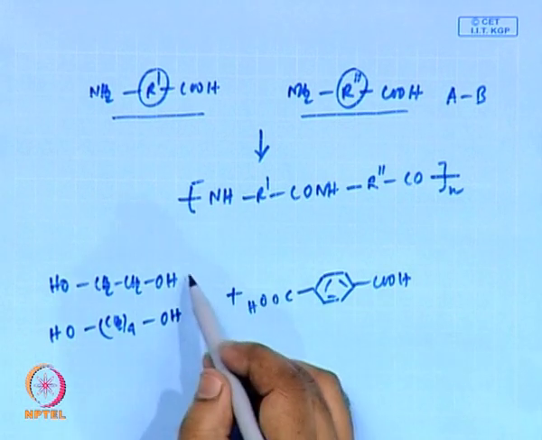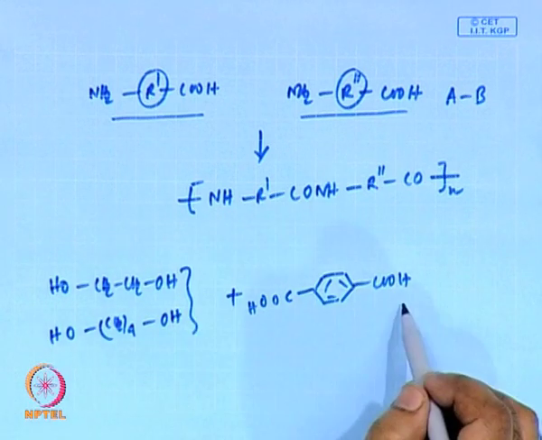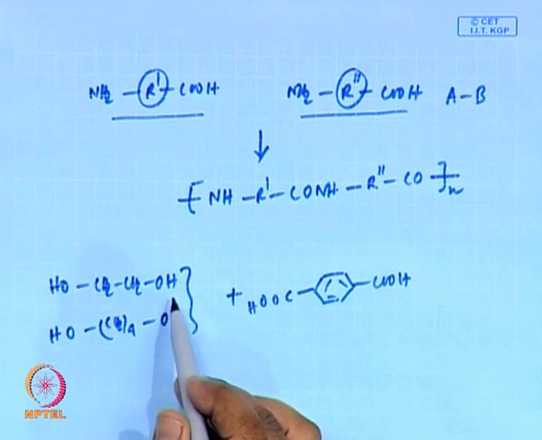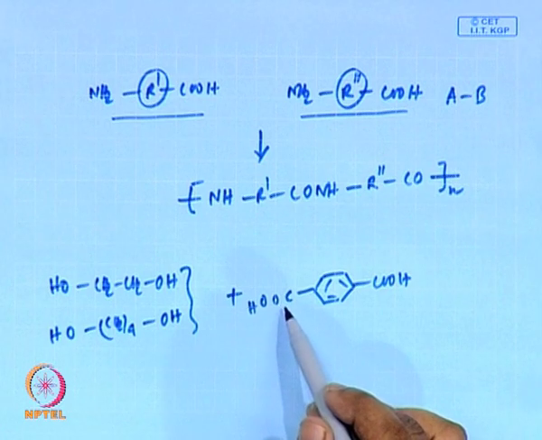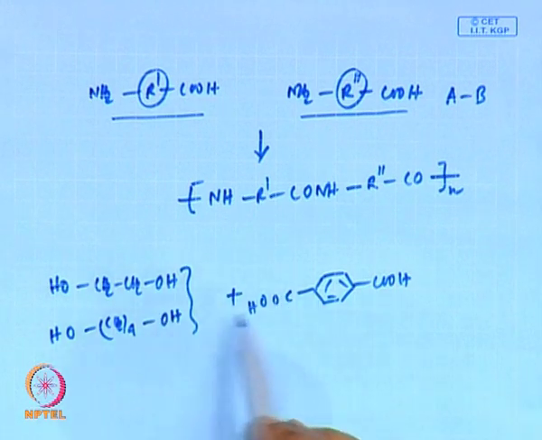Now, you have to make the ratio of the total diol to the diacid close to 1:1. So, the total number of OH functional groups is almost equal to the number of COH groups, so that the polymerization takes place.